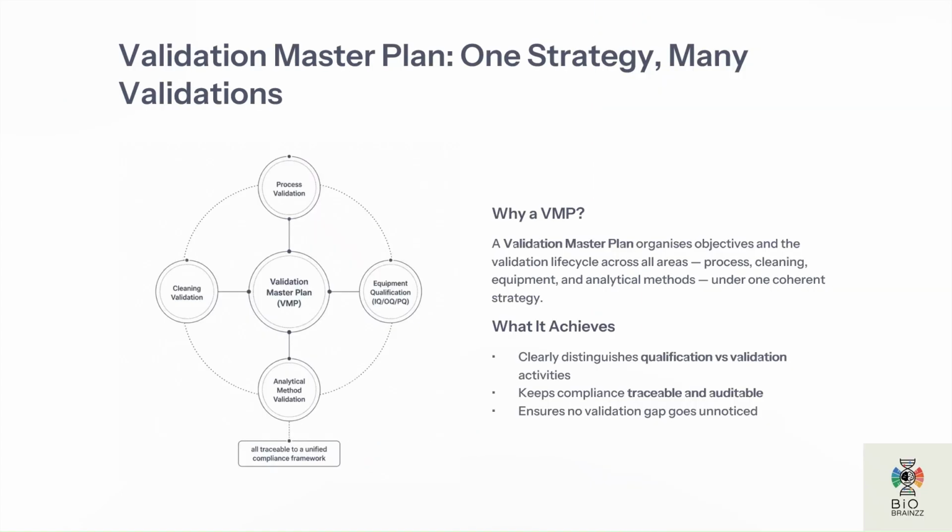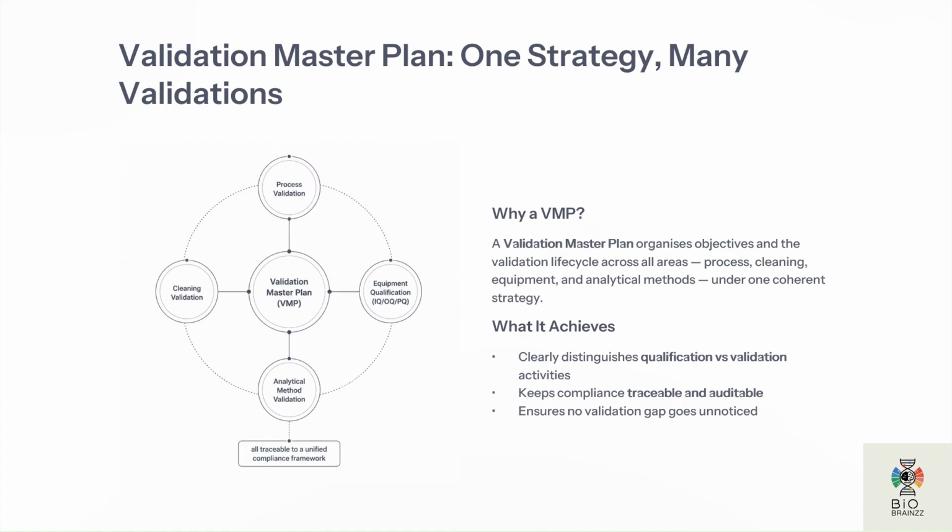Large laboratories and pharmaceutical organizations often use a validation master plan, commonly known as a VMP. A VMP serves as the overall strategy document for all validation activities within the organization. It integrates different validation areas such as process validation, cleaning validation, equipment qualification, and analytical method validation.